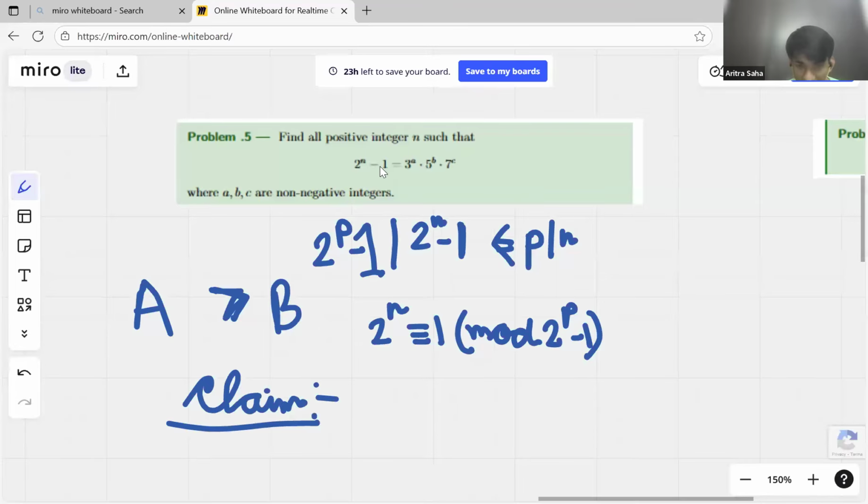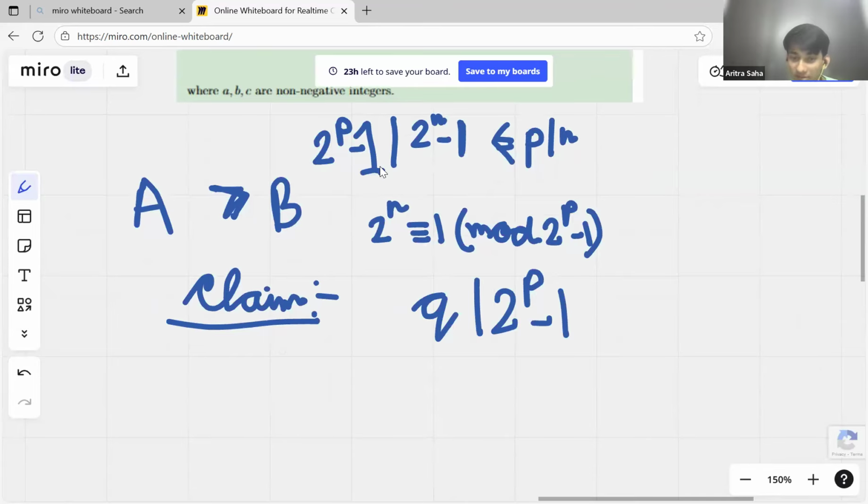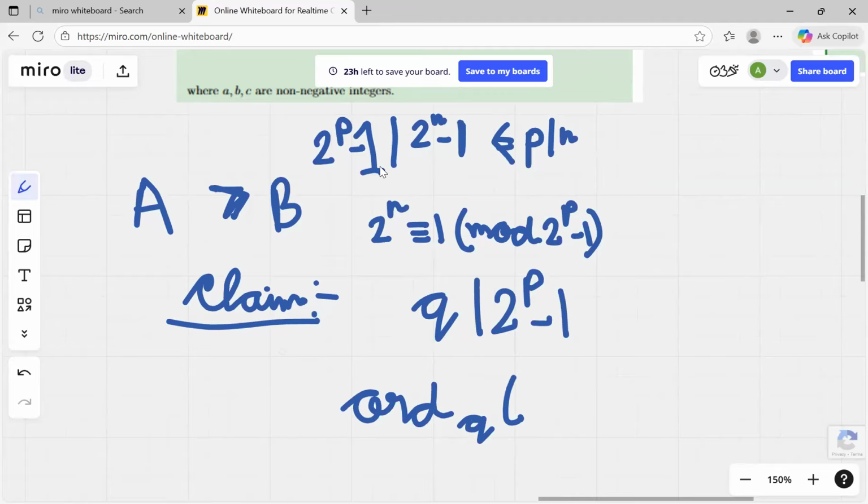Yeah. There is another proof using orders, which I will do. You proved it, Riddhiman. That's correct, I feel. So take a prime q dividing 2 to the power p minus 1. What is the order of 2 mod q? It is p only.